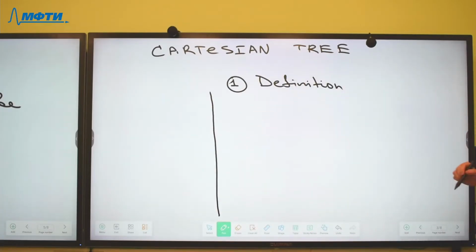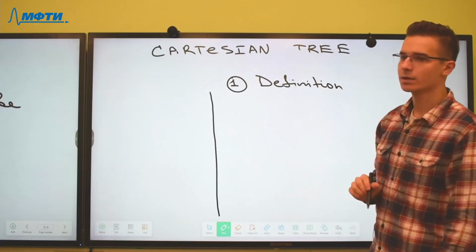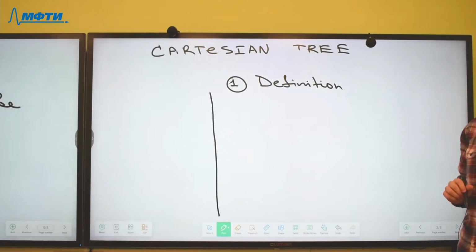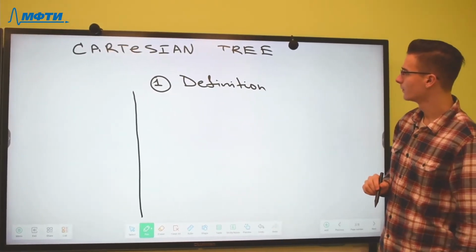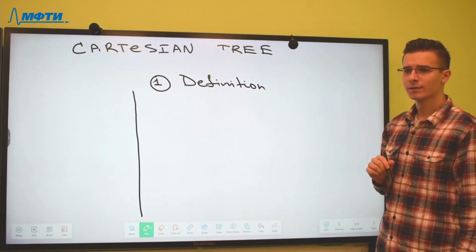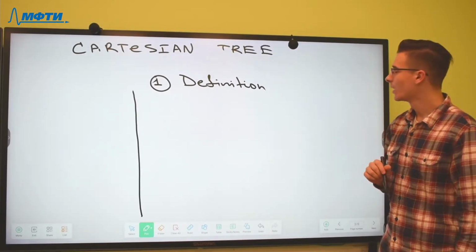What does it mean when we say that we work with the Cartesian tree? Do you know what is the difference between trees that you work with in other courses and this?